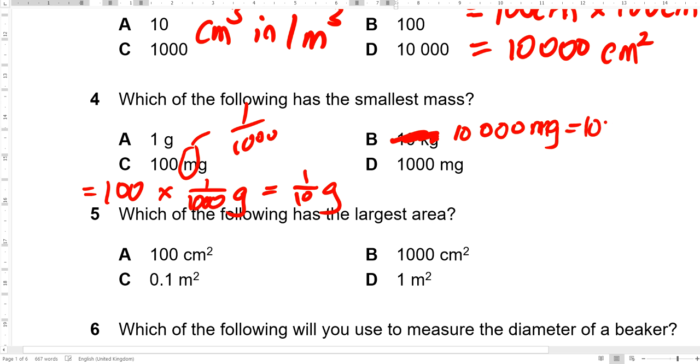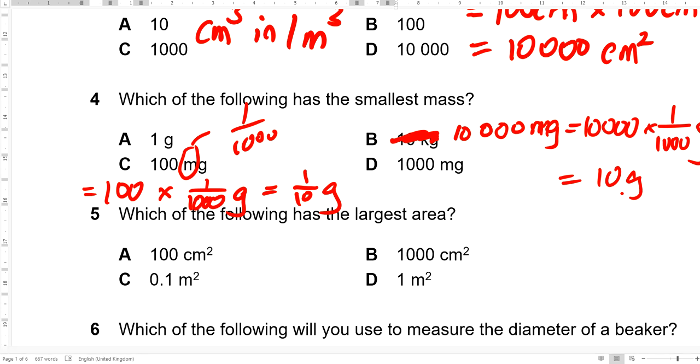So we get 10,000 times 1 over 1,000 grams, because milli. So if I work this out, I get 10 grams. That is for part B. Do you need me to go through part D with you? Option D? What is your D then? 10,000 grams. Okay, so I think the answer is clear. The answer will be C.